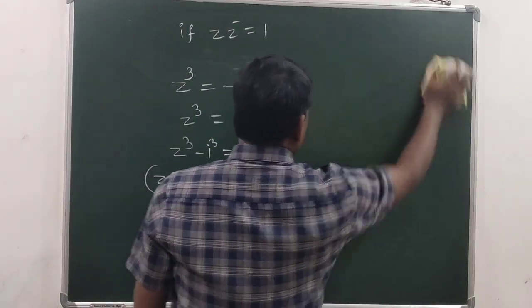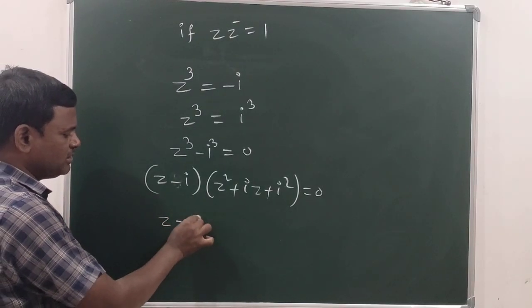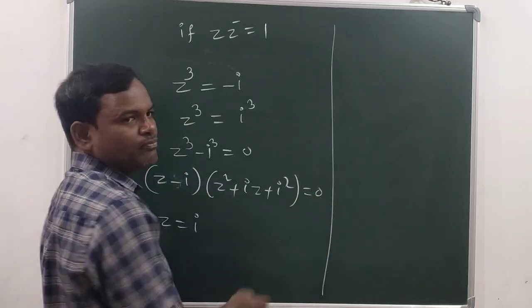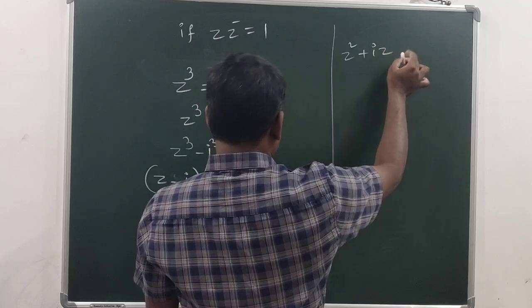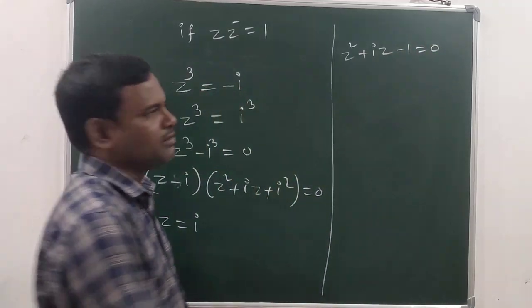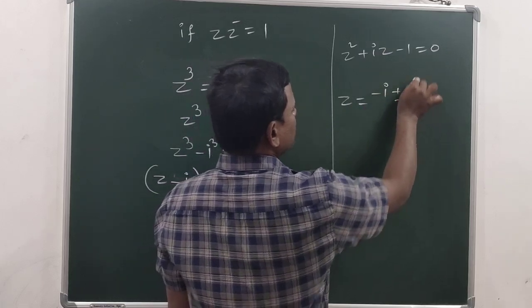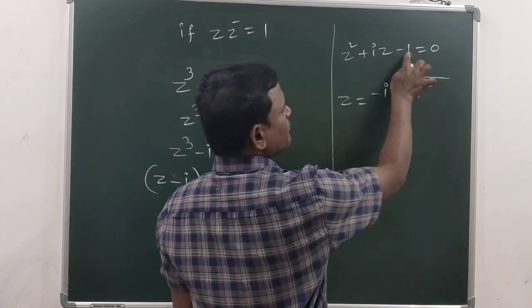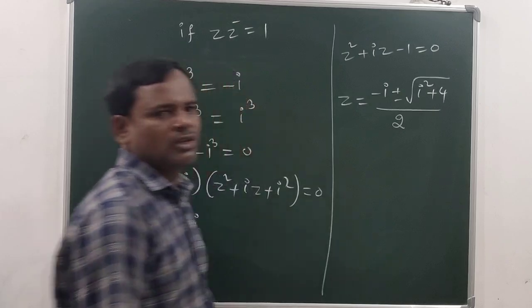Now see, equate both of them to 0. On equating this one to 0, you get Z is equal to i. On equating this one to 0, see students, Z square plus iZ minus 1 is equal to 0. Now that is one quadratic equation. Now solve it: Z is equal to minus b plus or minus root of b square minus 4ac, over 2a.